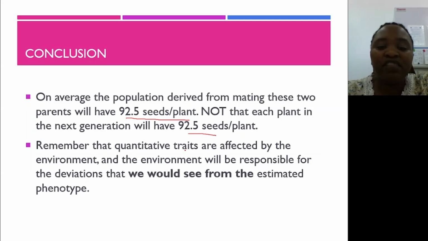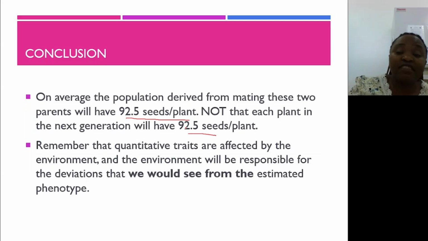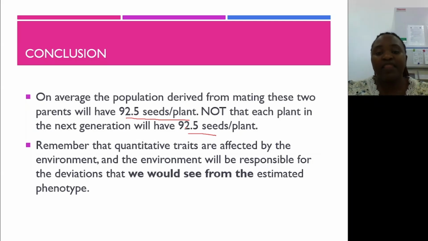So remember, the quantitative traits are affected by the environment, and the environment will be responsible for any deviations that we would see from this estimated phenotype. So if you find deviations from 92.5 to 100 seeds per plant, or 70 seeds per plant, then it means the factors coming in are not genetic.